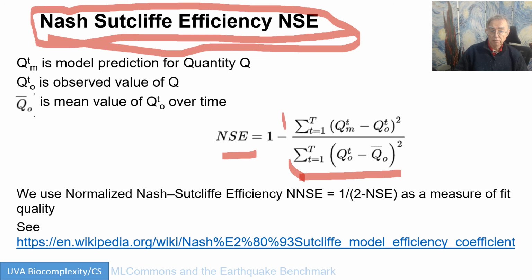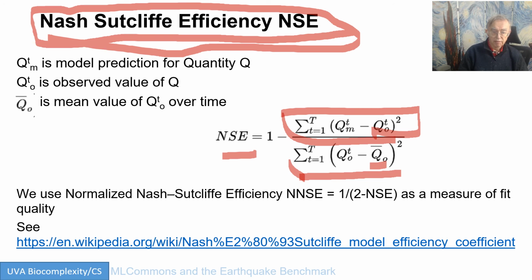And here we have the variance of the difference between the predicted value, the model value, M is model here, not measurement, and the mean. So we're comparing to see whether the model agrees better with the data than the mean does. So here we have, actually, we probably should align these better. Here we have Q observed at t, here we have the mean, and here we have the model.